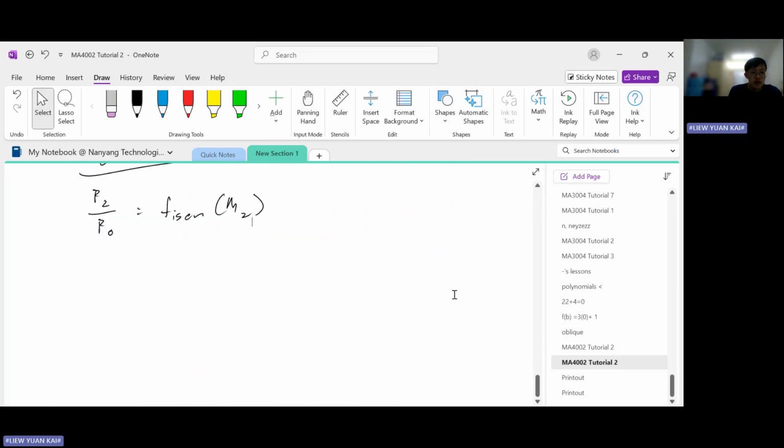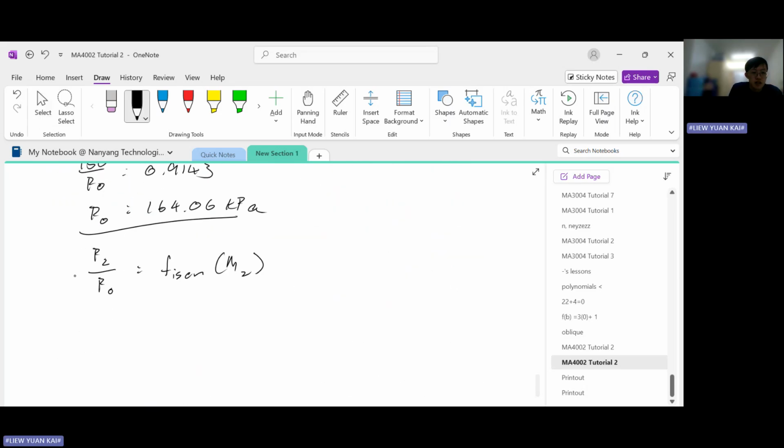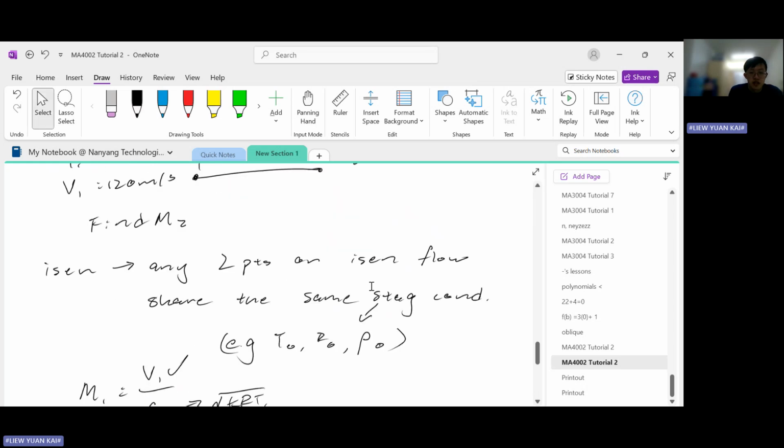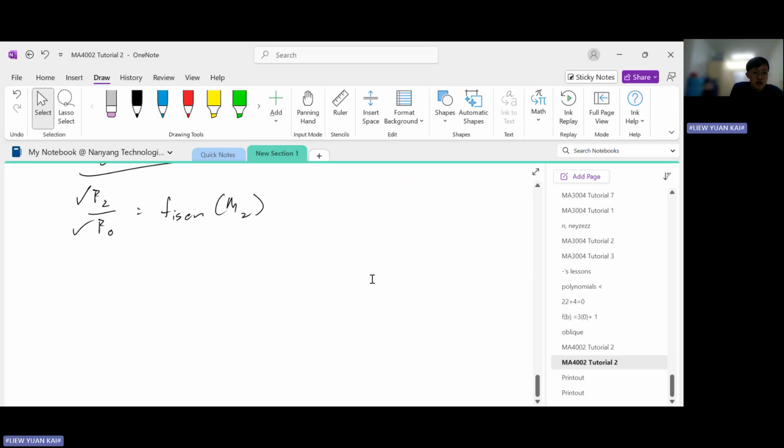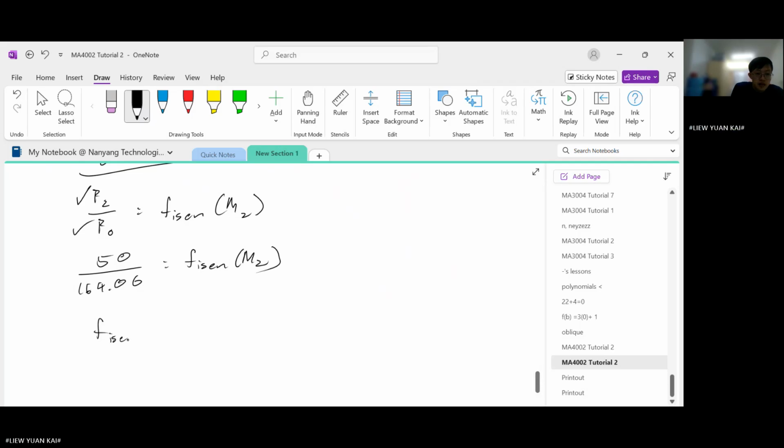So we know this from here, so we can therefore fill this. 50 divided by 164.06. If you calculate this value out, you will get about 0.304767. Now, remember that M2 is unknown.